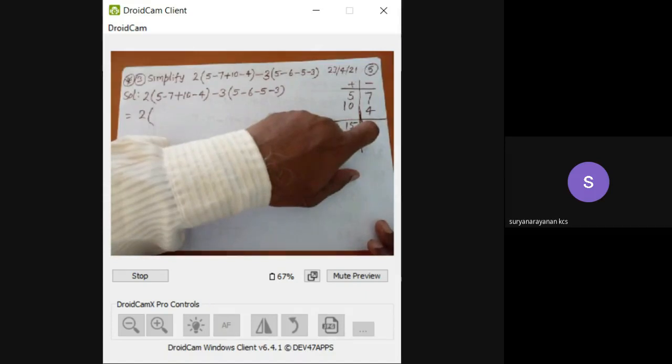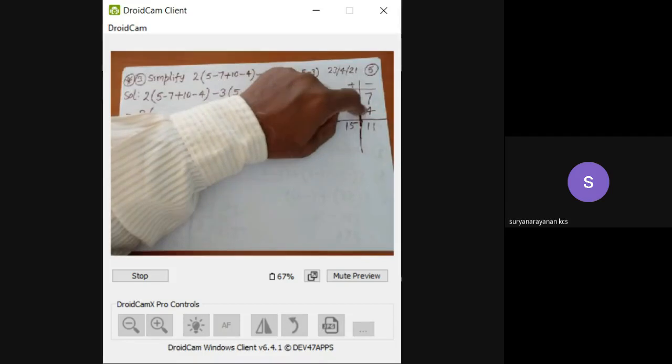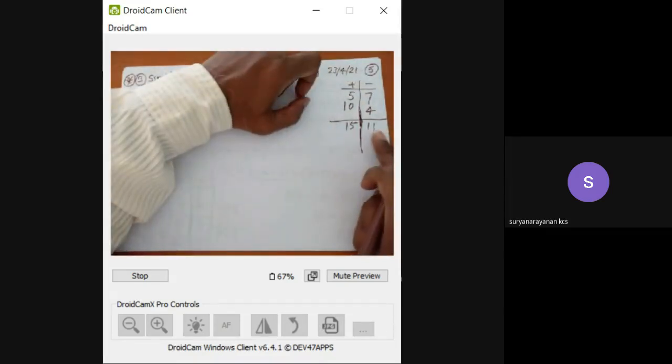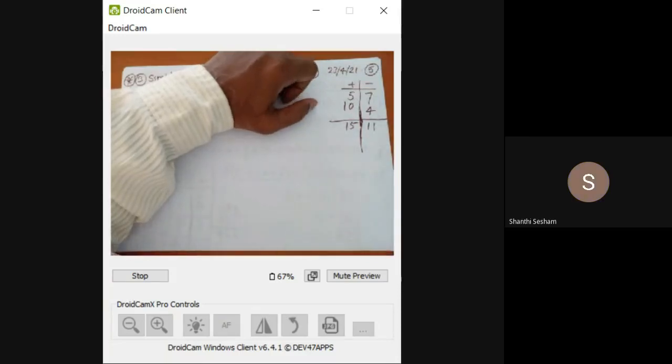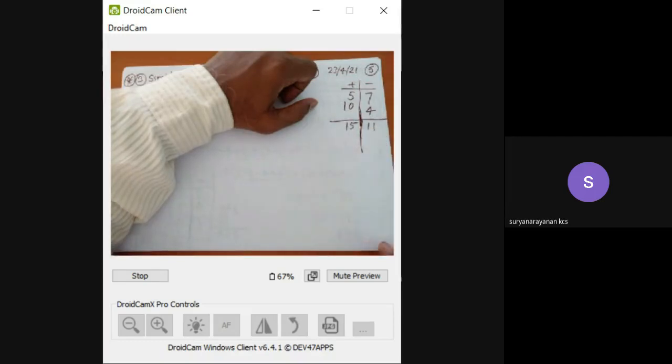Add all the numbers which are written under this box and add all the numbers which are written under this box. Then finally you get 2 numbers here. Here, after this step, you subtract the smaller number from the bigger number.